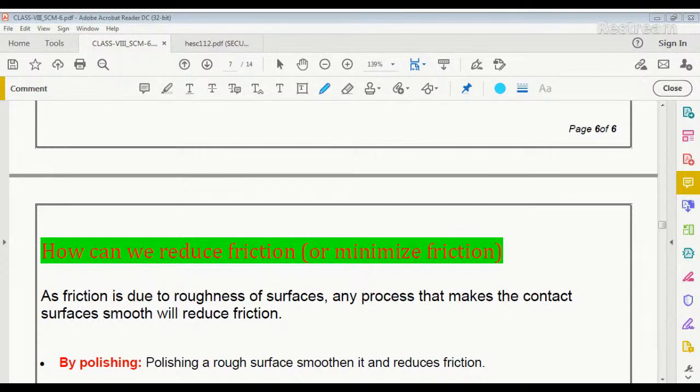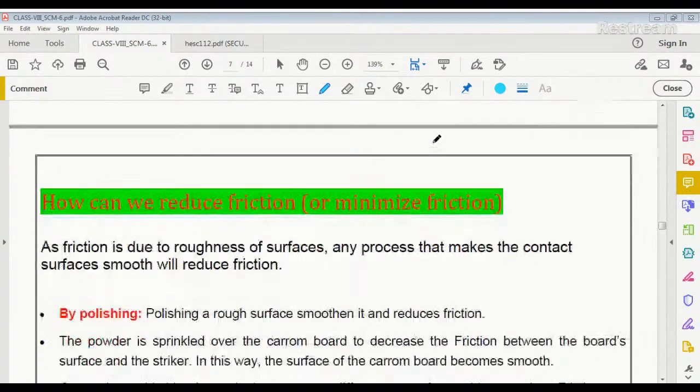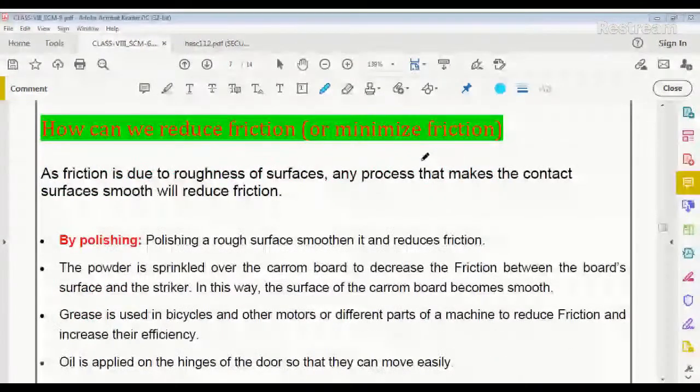Right, now we might have noticed that when a few drops of oil are poured on the hinges of a door, the door moves smoothly. A bicycle or a motor mechanic uses grease between the moving parts of these machines.